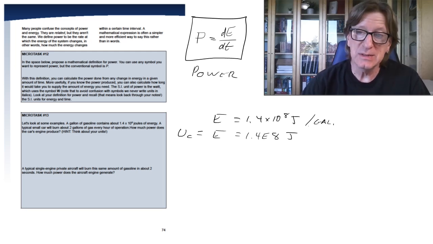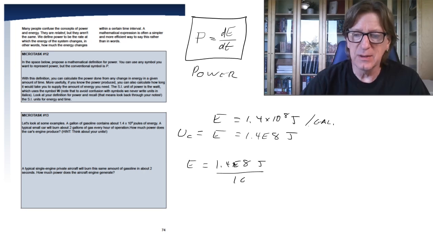And we have 2 gallons of gas. So we're going to think about our units here. I need to get rid of my gallons here. Let's write it out as a fraction. So my energy is 1.4E8 joules in 1 gallon. Well, we have 2 gallons, so that's going to get rid of that.